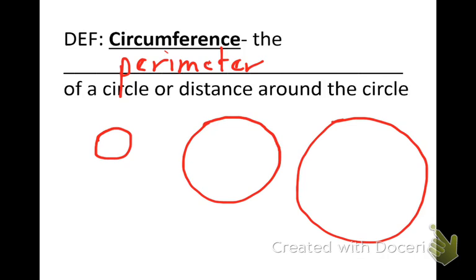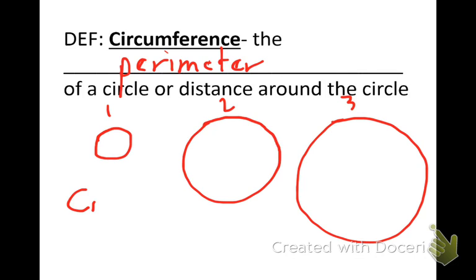If I measure the circumference of each one of these circles, and then I measure the diameter, this is circle 1, this is circle 2, this is circle 3.